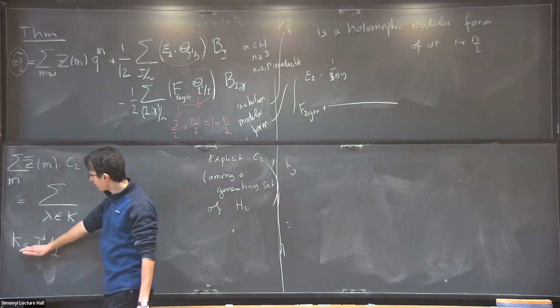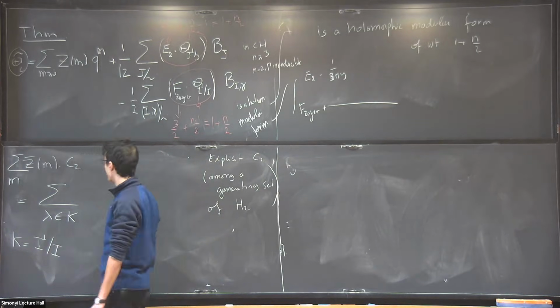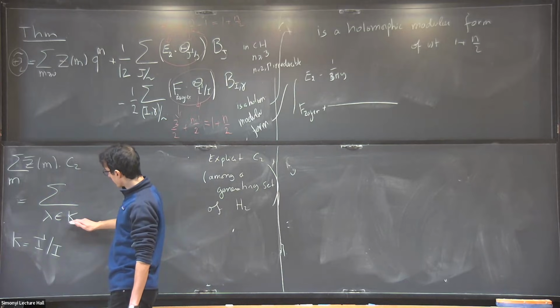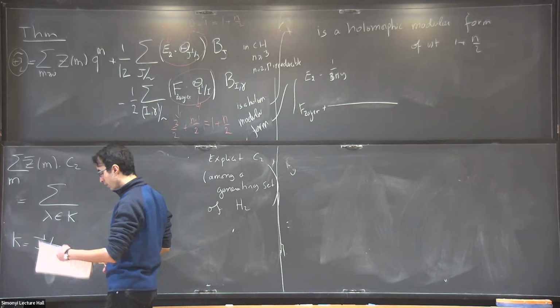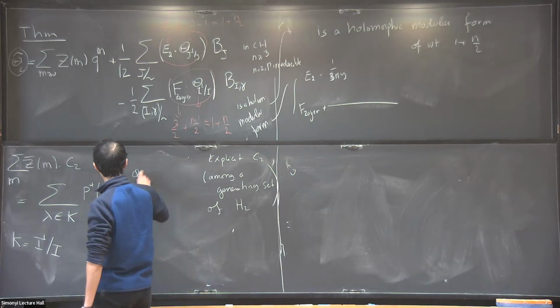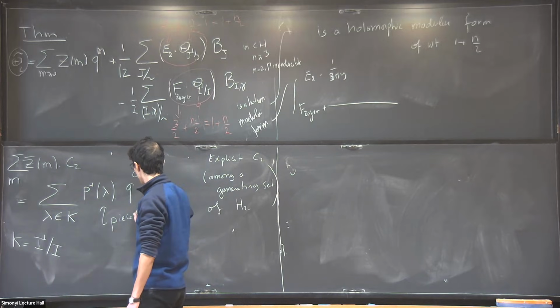And so when I am in this part of the boundary, the sum would look like a theta series over the lattice K of some piecewise linear functions, q to the power of q lambda.